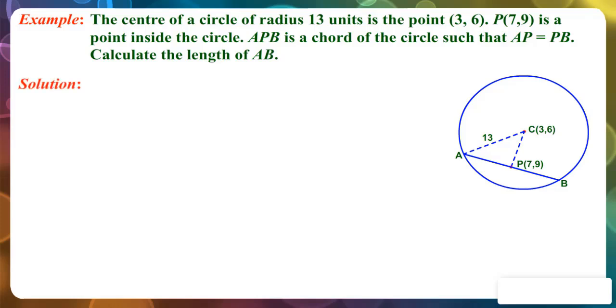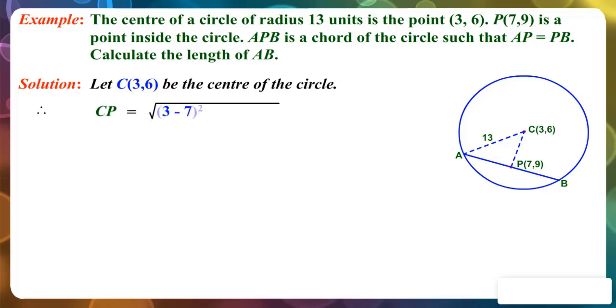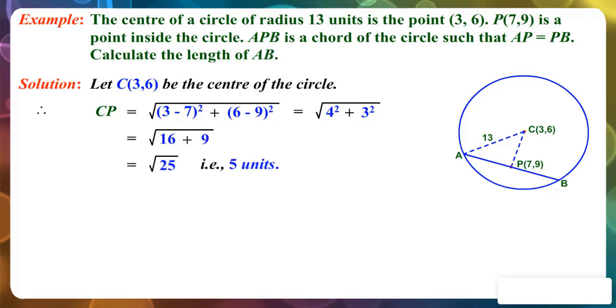Let's solve this. Let (3, 6) be the center C of the circle. Therefore, CP is equal to the square root of (3 minus 7) whole square plus (6 minus 9) whole square, which is equal to the square root of 4 square plus 3 square. This is equal to the square root of 16 plus 9, which is equal to the square root of 25, that is 5 units.